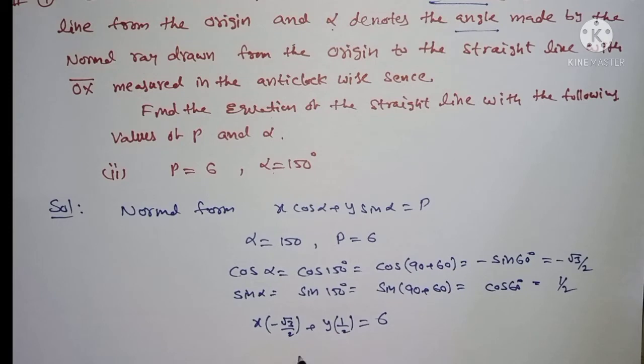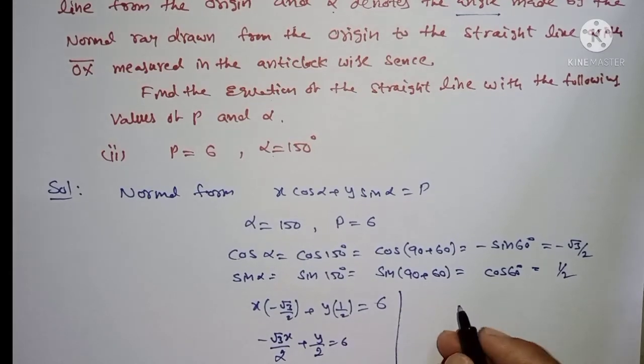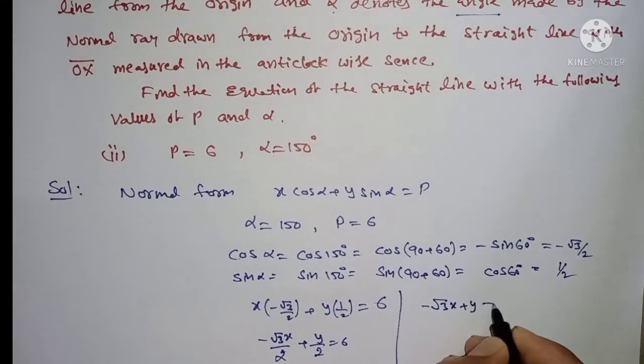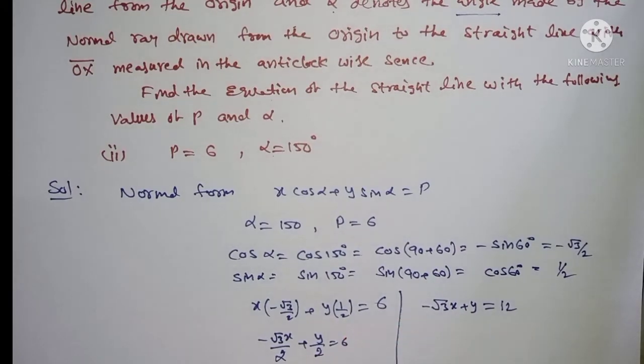This can be written as minus root 3x by 2 plus y by 2 is equal to 6, or I can write here minus root 3x plus y is equal to 12, because the denominator 2 is there, therefore you can take the 2 as it is. 2 into 6 is 12 only, common is there, therefore okay.